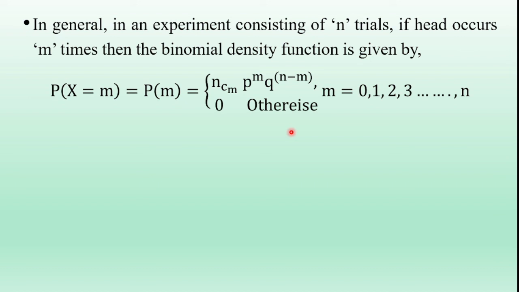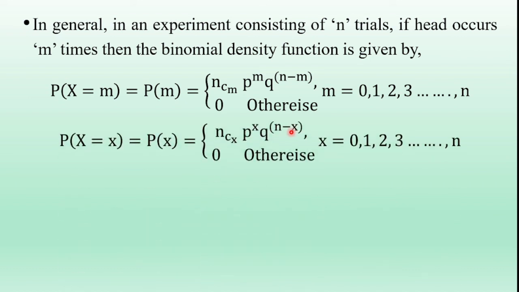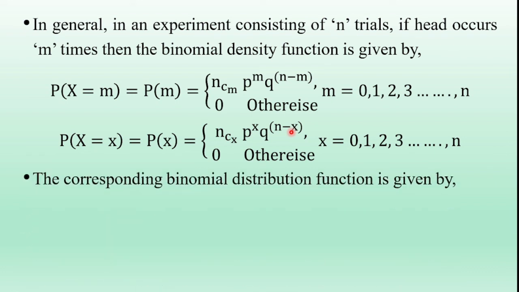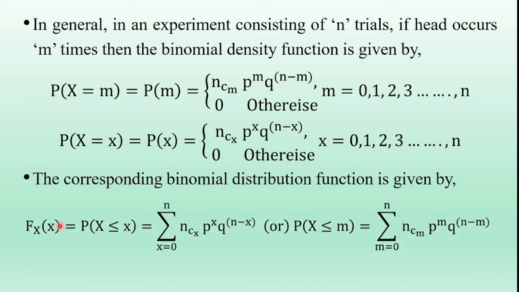The corresponding binomial distribution function is given by capital F of x equal to probability of X less than or equal to x, equal to the sum over x equal to 0 to n of p of x. And what is p of x?